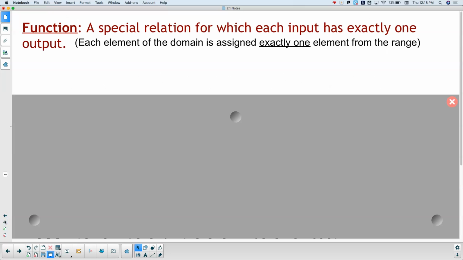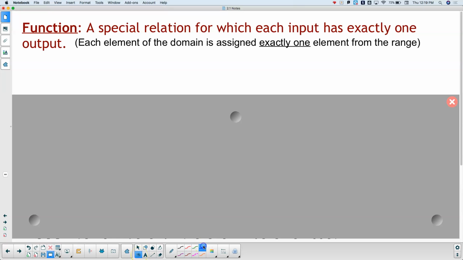Good stuff. Okay. A function. A function is a special relation for which each input has exactly one output. The main test is that each element of the domain is assigned exactly one element from the range.